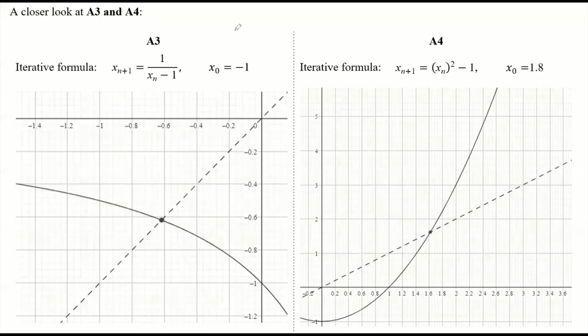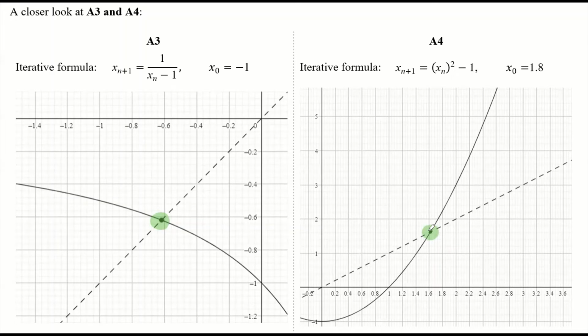So the solution to the equation x equals 1 over x subtract 1 appears to be here. So it's a negative root. Okay, and similarly for A4, we have the positive root there, so that's just over 1.6, which is the golden ratio.